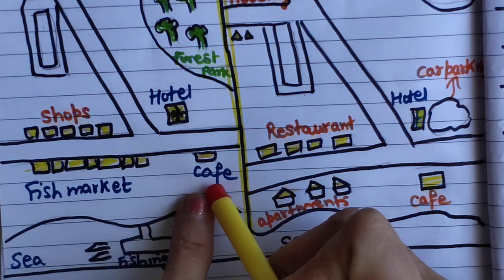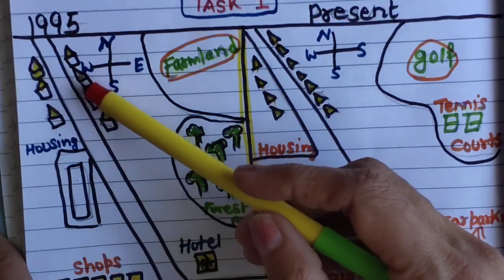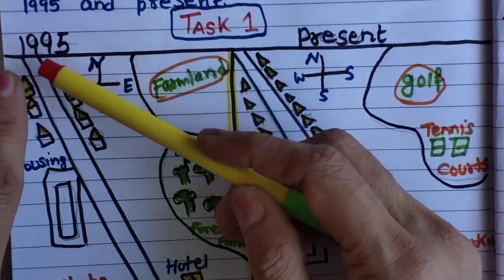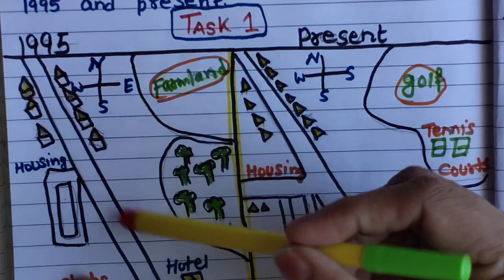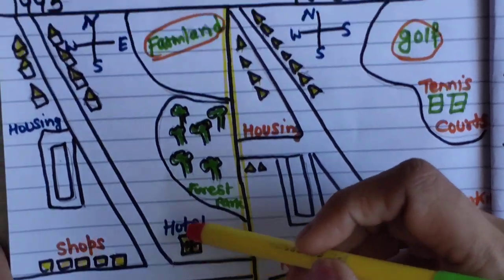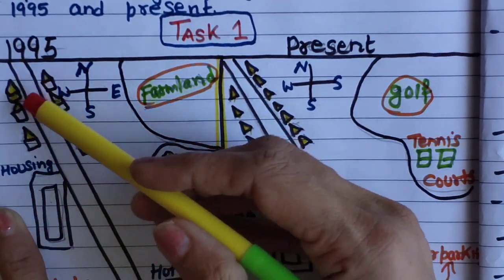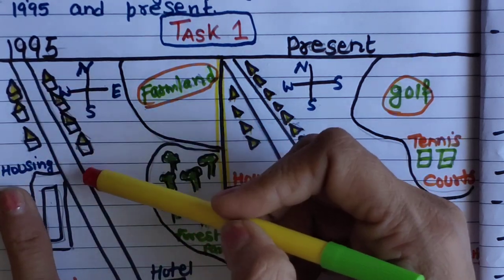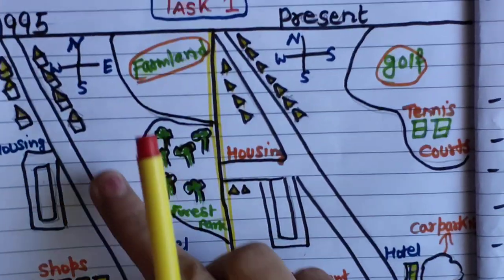The fish market and cafe are there, and the hotel is also there. Along this road, which starts in the northwest and goes up to the southeast, there is a housing facility and a lot of apartments. So this is your 1995.